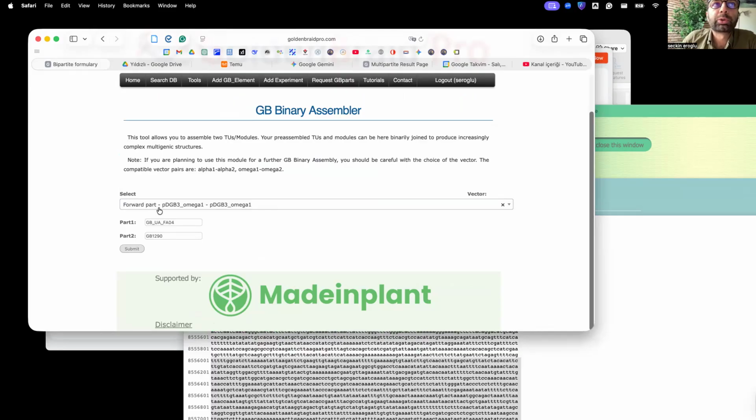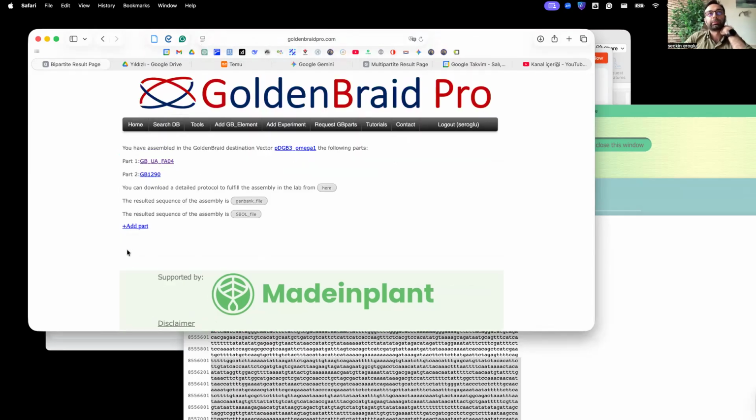Okay, part 1, part 2, and then we put it into the omega 1 vector. Okay, so then I push here. I already did it, so I don't do it again. And I wrote omega 1 P gas and P selection, sorry, red selection marker.